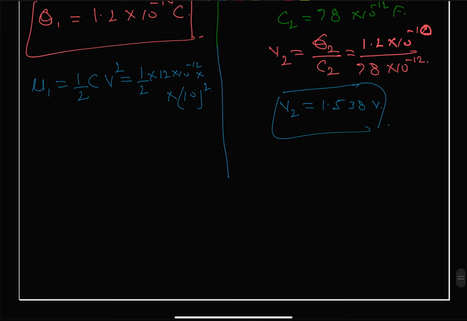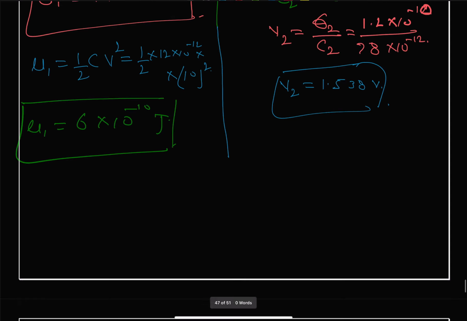So we get U1 equal to 6 into 10 to the power minus 10 joules.